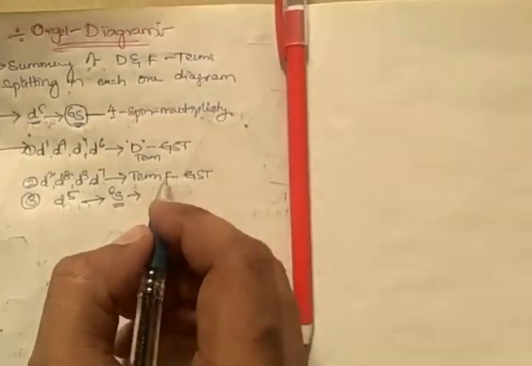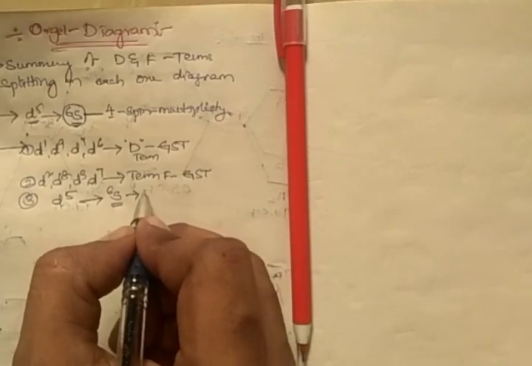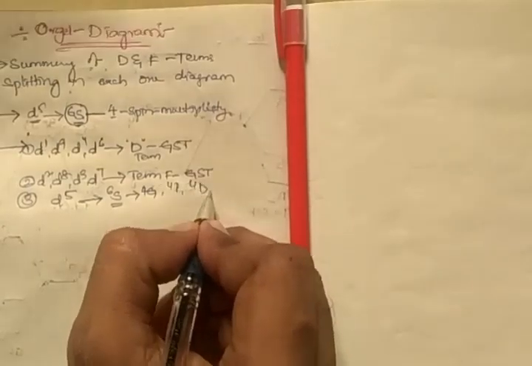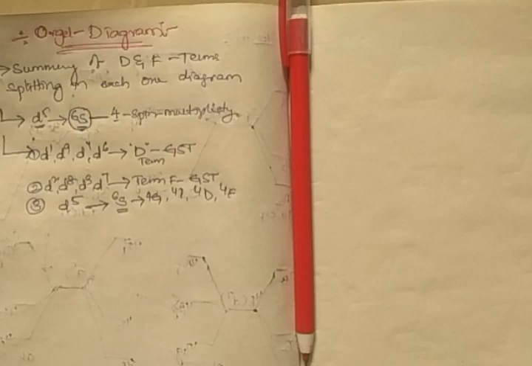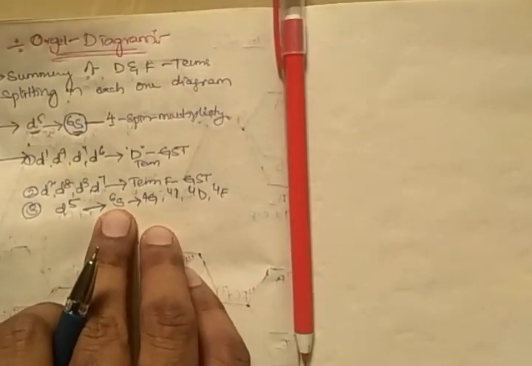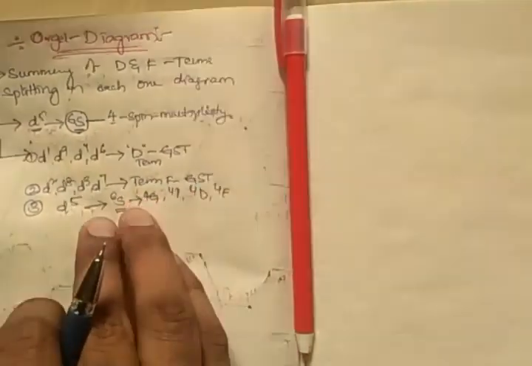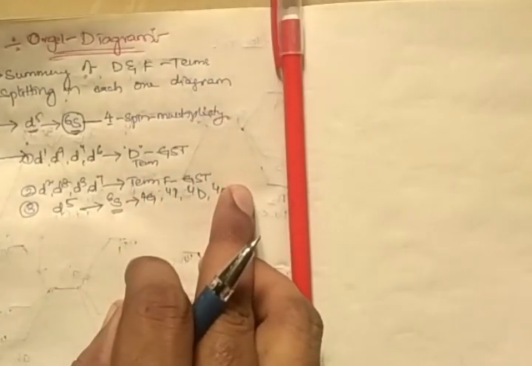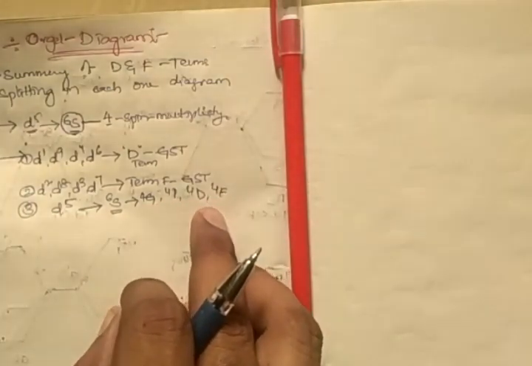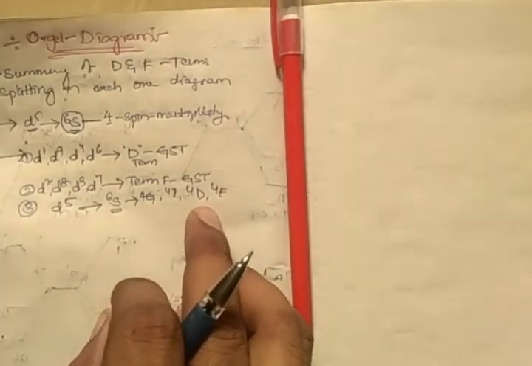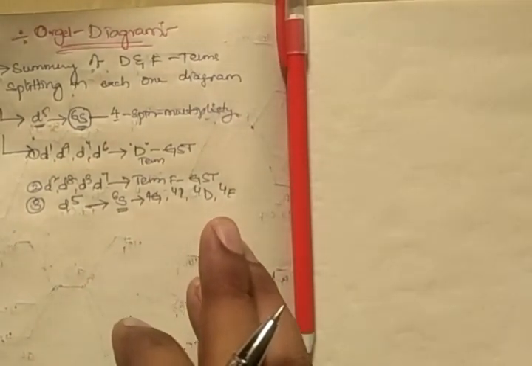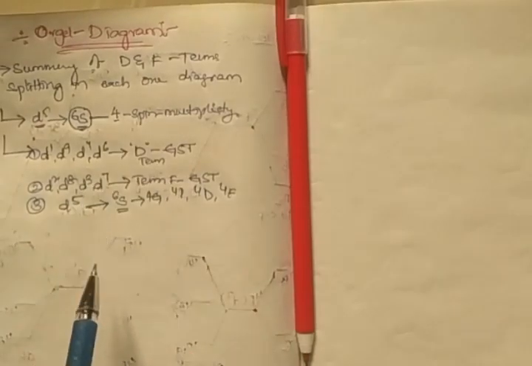The quartet higher spin multiplicity energy levels carry 4G, 4P, 4D, 4F, and these four quartet levels next higher in energy from the ground state are also incorporated. How these terms are affected by the crystal field, he discusses, and with this discussion he concludes the Orgel diagrams.